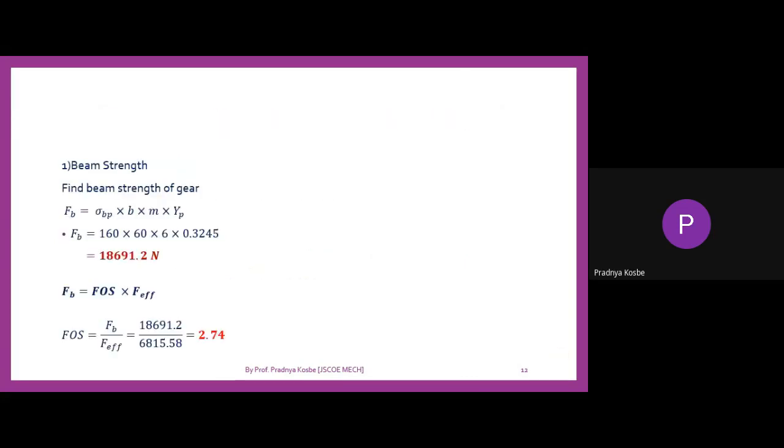Next, you have to find out beam strength. Beam strength FB is equal to sigma B into b into m into YP.